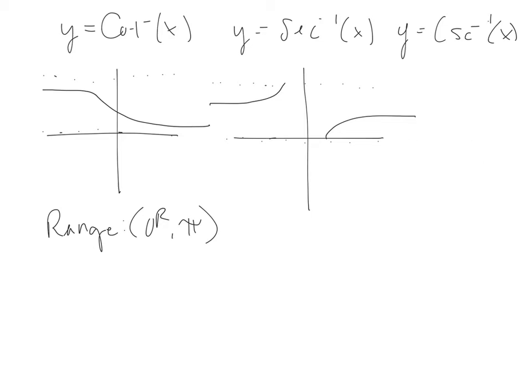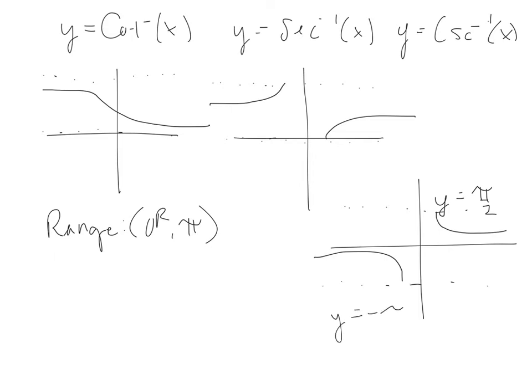And that the cosecant graph will look like this. So asymptotes at y equals pi over 2, and then y equals negative pi over 2.